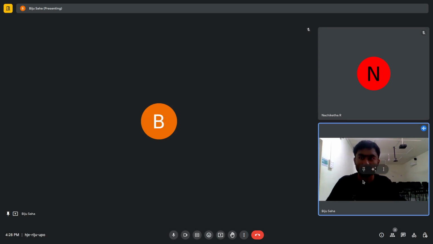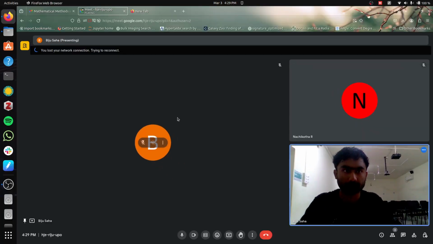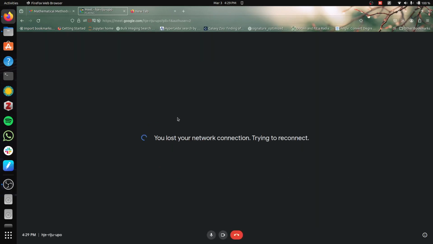Did my screen sharing stop? Just hold on for a second, there is some network issue.